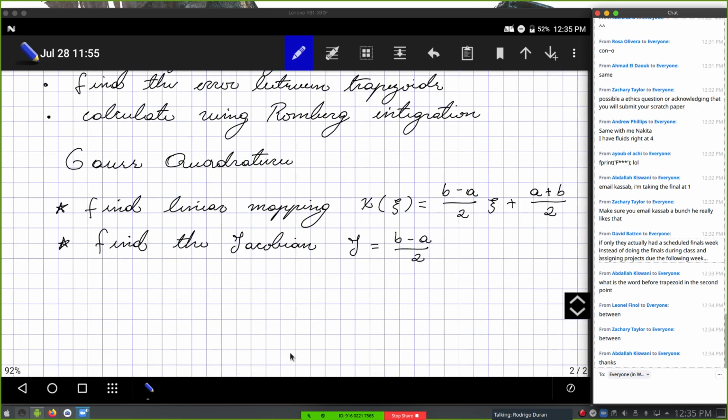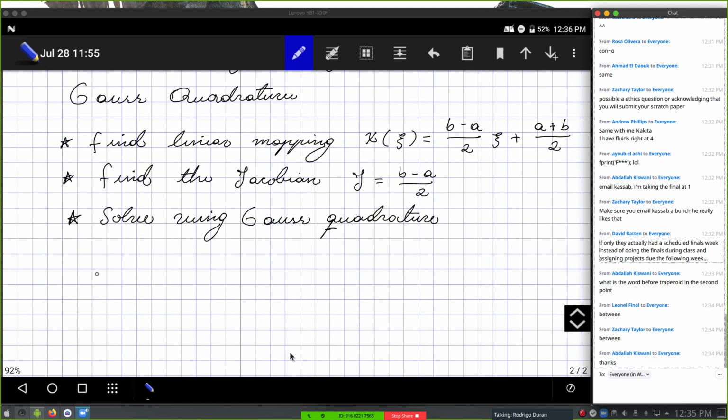And then from there you just have to know how to solve using Gauss quadrature, which, as you may expect, means they will give you your weights, which will be only 3 of them. I think you're doing a 3-point Gauss quadrature. It's either a 2-point or a 3-point.